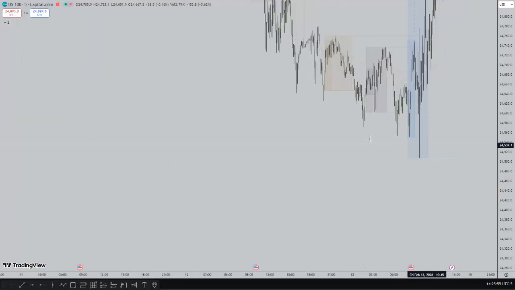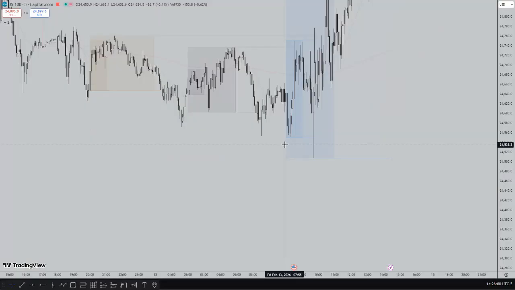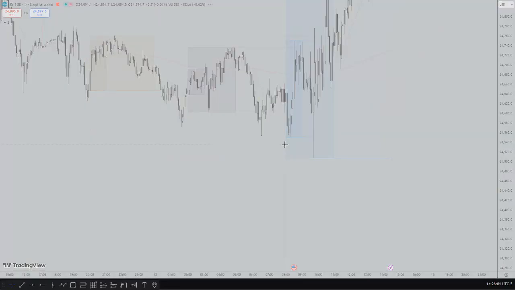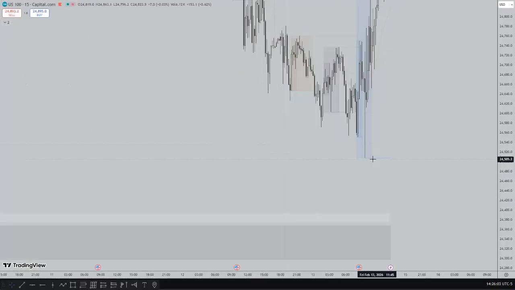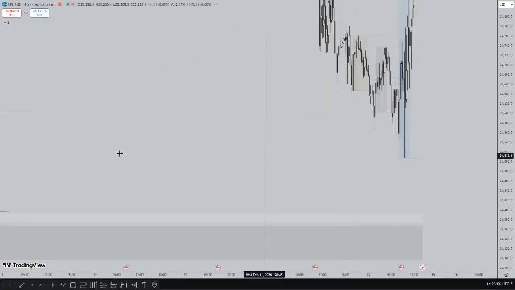There is an imbalance right here. We've seen that on the 5 or on the 15 minute or whatever. Or no, I'm thinking about gold, sorry. But I do remember there being a big imbalance right here.